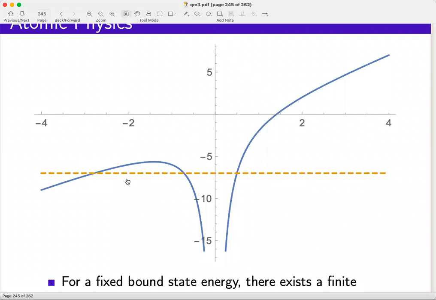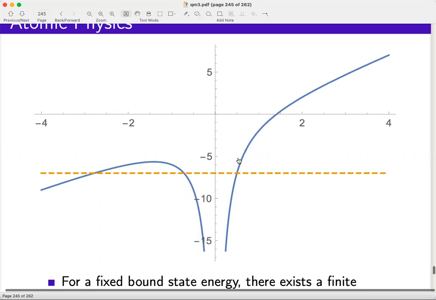Now of course, classically this state is still stable, simply because it cannot overcome this potential. But we know quantum mechanically there can be tunneling. So although classically the states are stable, the quantum mechanical behavior of these states would be different.